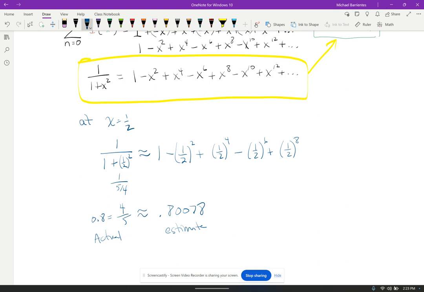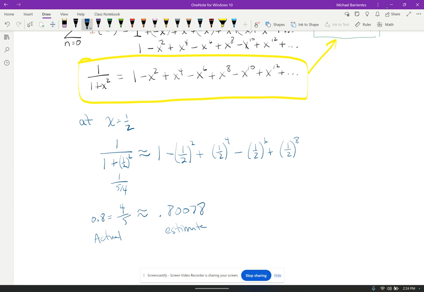And here's why. On this side, I have a rational function. Rational functions come with their own set of problems, right? They're sometimes discontinuous, sometimes they have holes in the graph, sometimes they have vertical asymptotes. But over here on the other side, I have this never-ending polynomial. And polynomials are always nice because they're always continuous. They're always differentiable. They're always integrable.